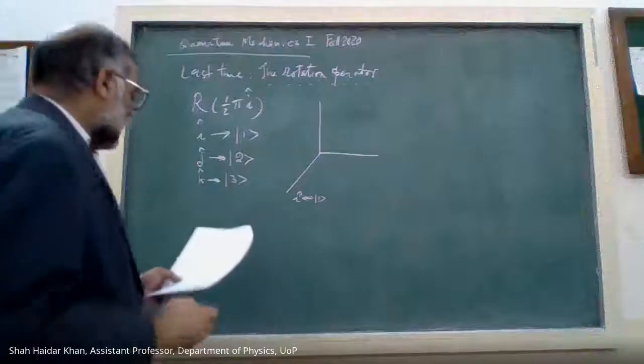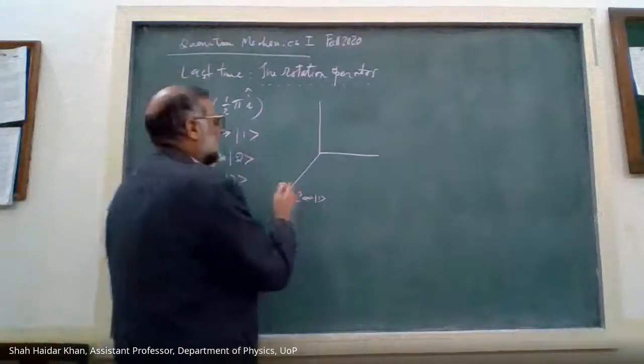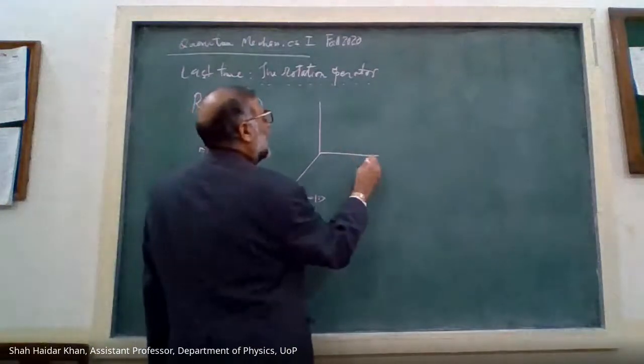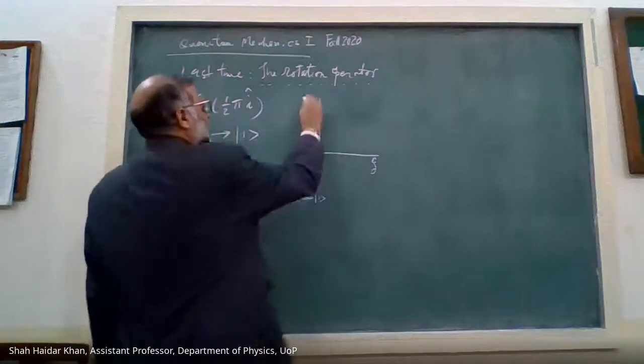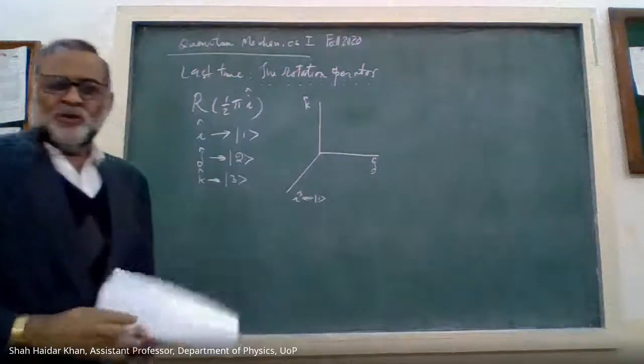Okay. So we said this is I, then this is J, and this is K, suppose, right? The system. Now we want to rotate this system.